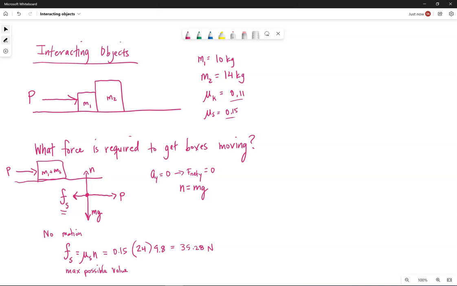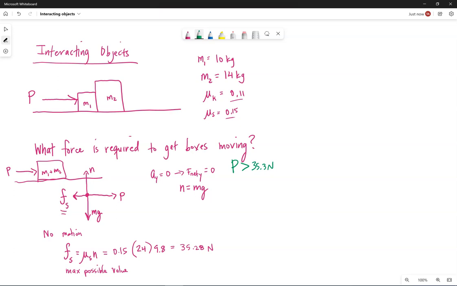So the answer to this specific question, P needs to be greater than essentially 35.3 newtons. Has to be greater than this value we're getting. Now technically we have 2 sig figs, so we would round that to 35.